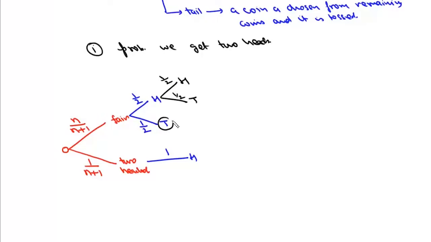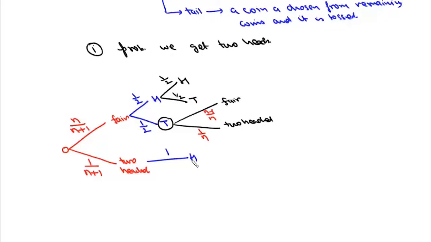And if it is tail, then we choose another coin from the remaining n coins. That coin can be a fair coin or a two-headed coin. Now we have n minus 1 fair coins and n total coins, so the probability of choosing a fair coin is n minus 1 by n, and the probability of choosing a two-headed coin is 1 by n.